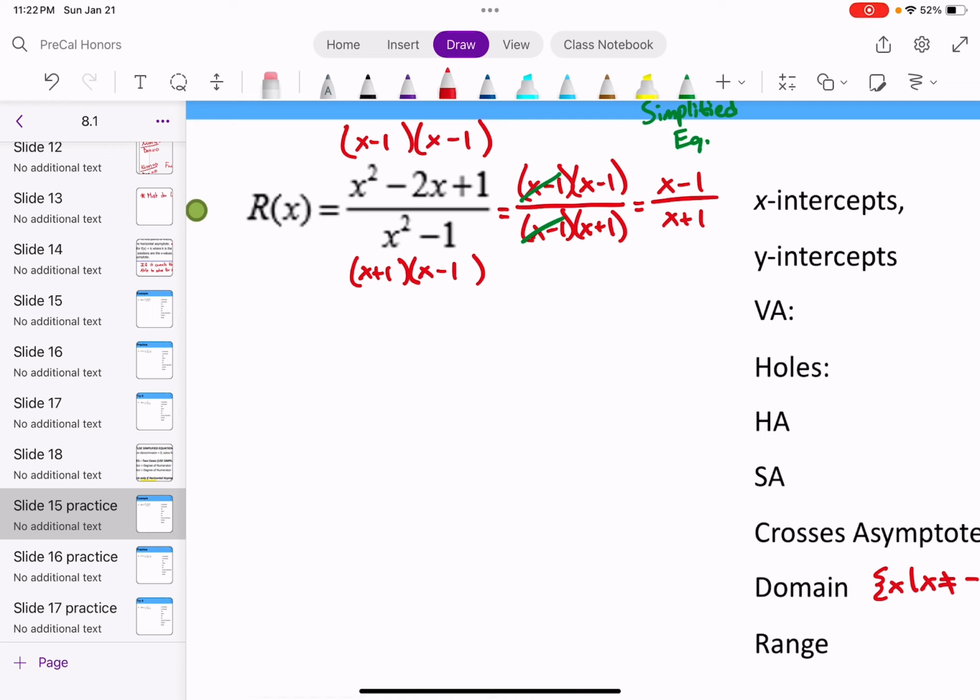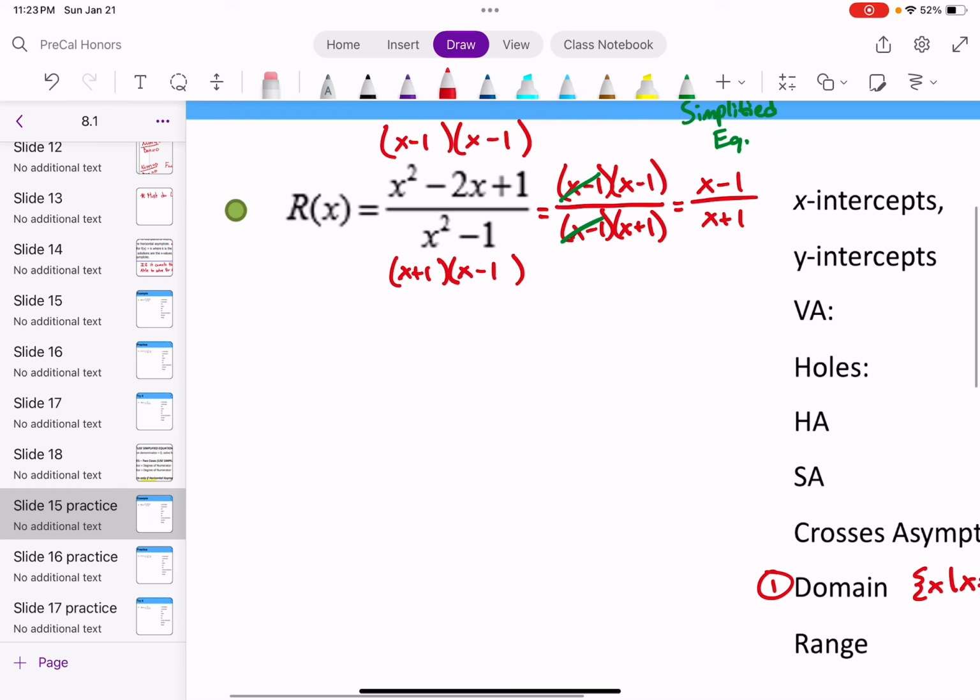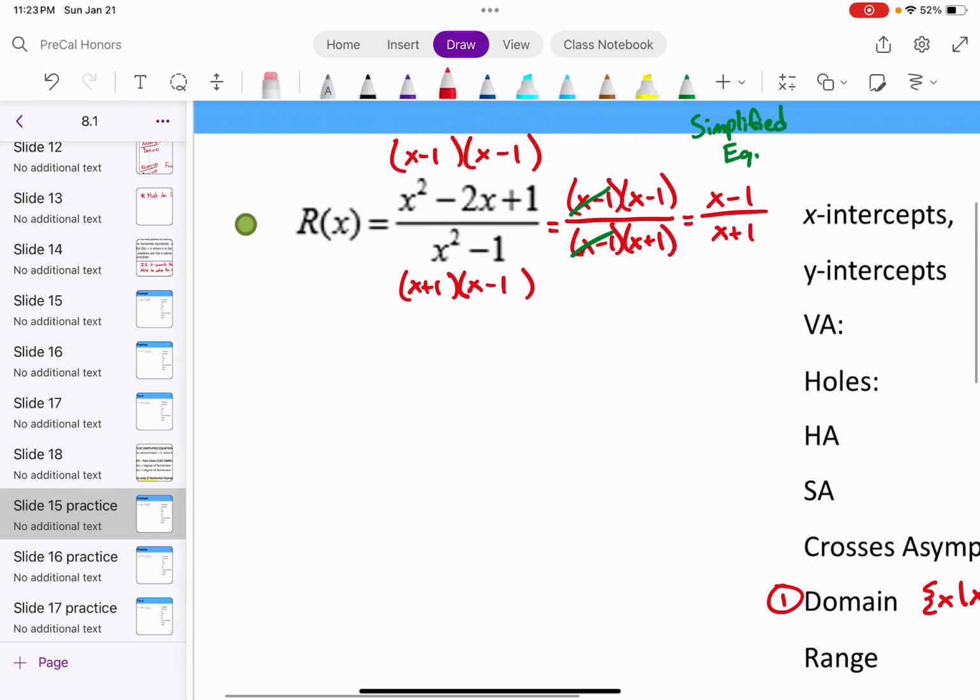So that is our first step, figuring out our domain and figuring out our simplified equation. Let's take a look at our second step. Our step 2 is going to be our vertical asymptote and or any holes.